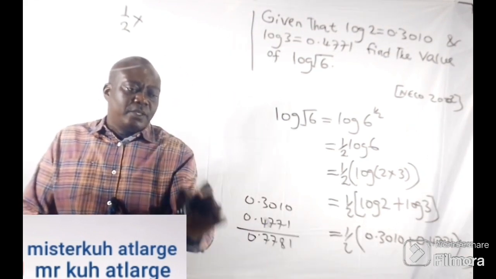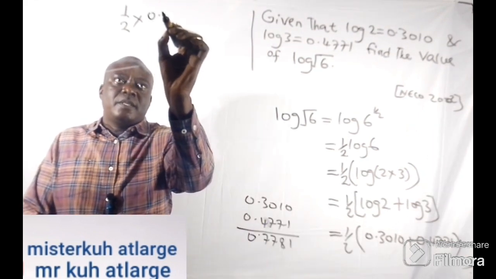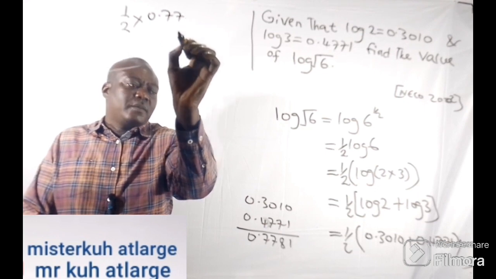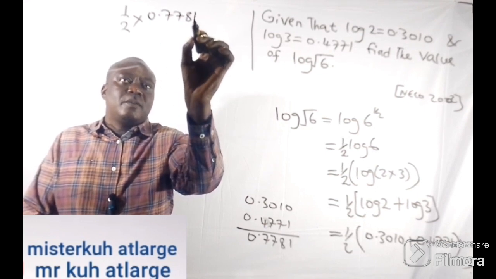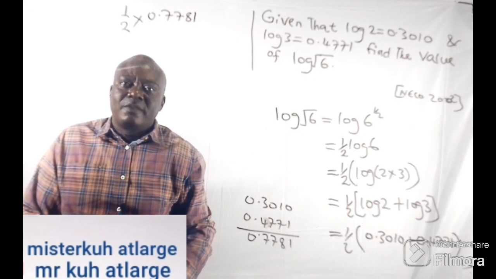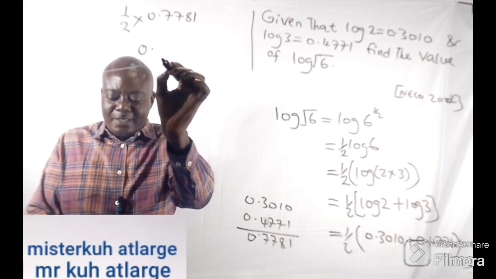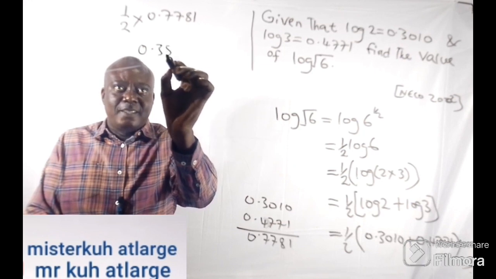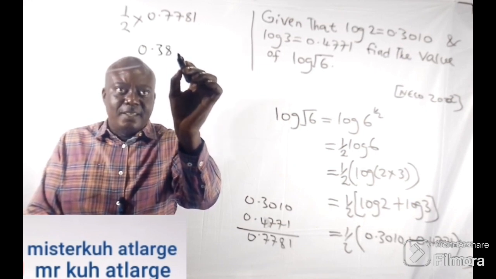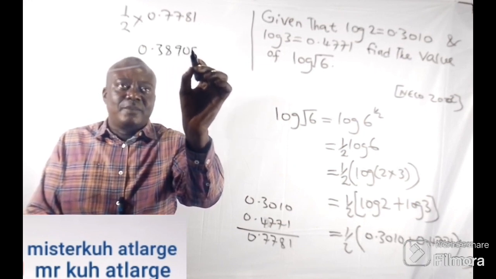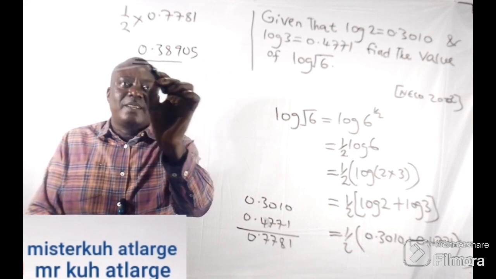So we now put it as 0.7781. Next, you divide to give you 0.38905. That is the final answer.